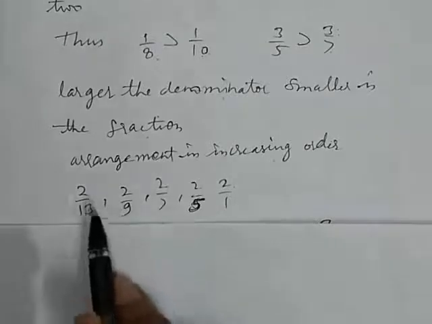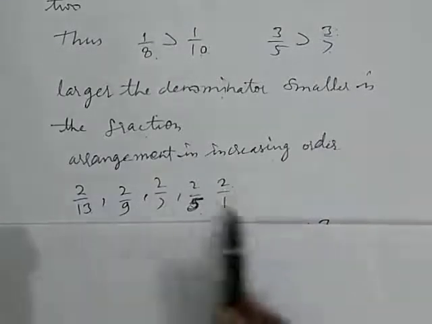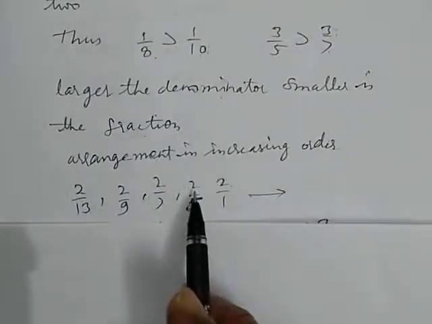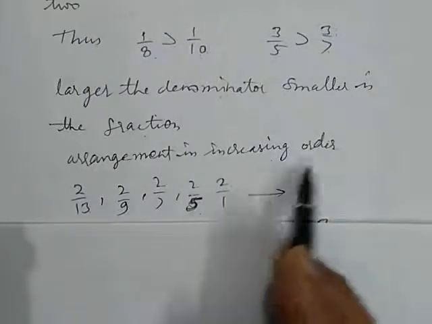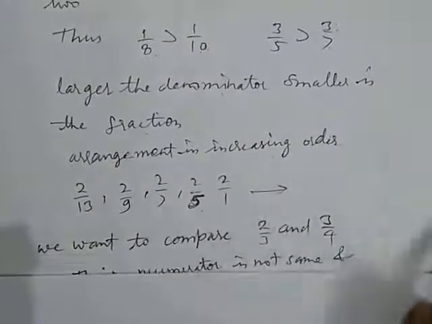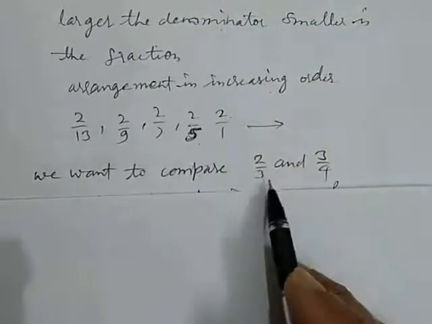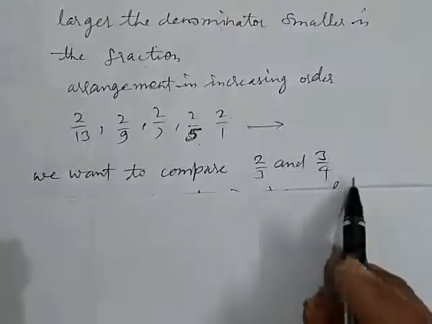Okay, so 2 by 13, 2 by 9, 2 by 7, 2 by 5, 2 by 1. This way we can arrange the fractions in increasing order, ascending order.